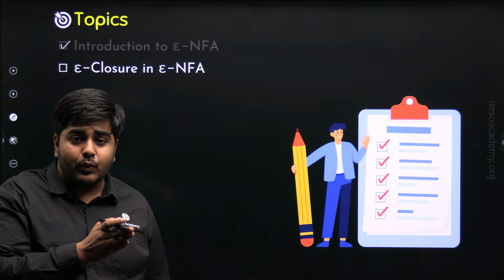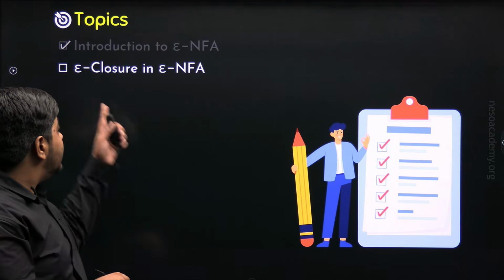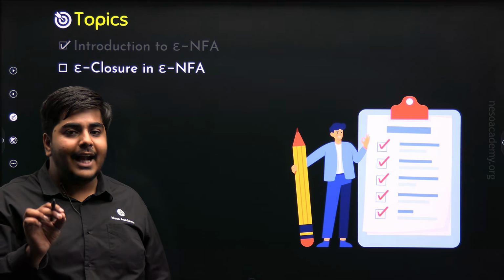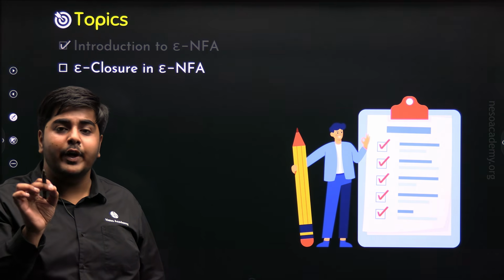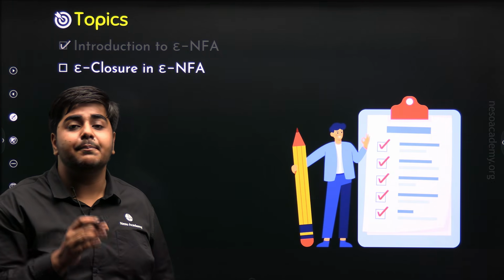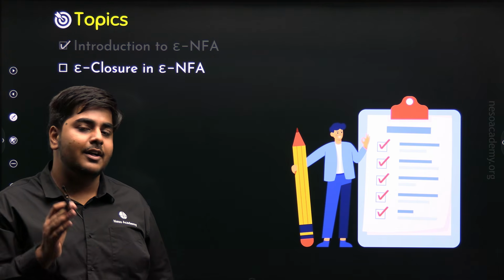And in that conversion, in each step, you will calculate the epsilon closure of epsilon-NFA states. That is why in advance, we are going to study epsilon closure and how to calculate epsilon closure for the different states of epsilon-NFA. So let's start it.